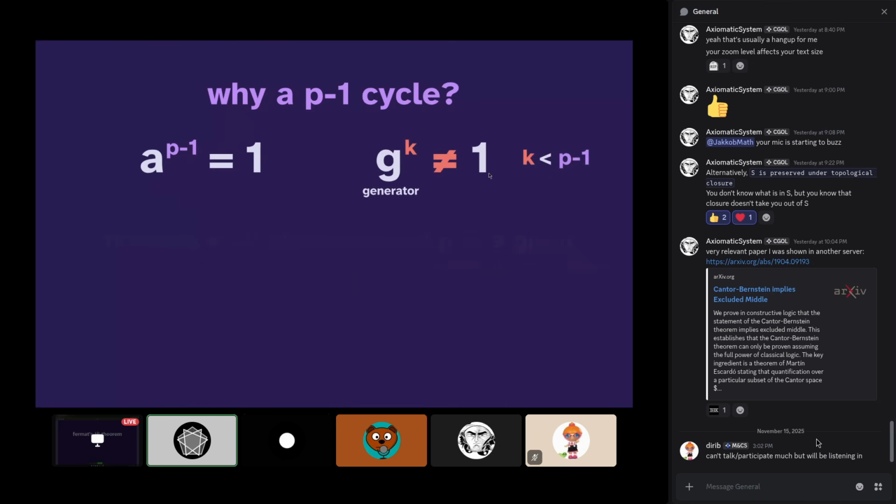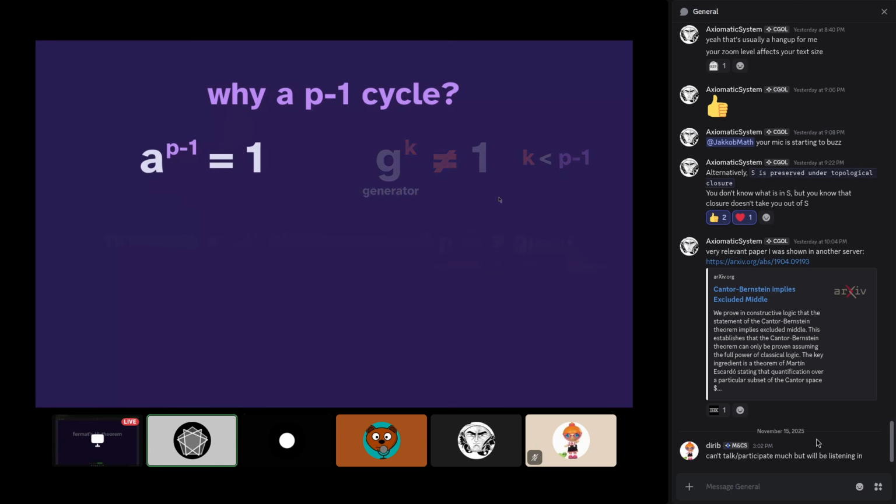So this g will be called a generator, since it generates the whole cycle. Because every element to the p minus 1 is 1, g will have that property, but there's no smaller power, so it must hit every element along the way, giving us a cycle. So this is what we're looking for, this generator.